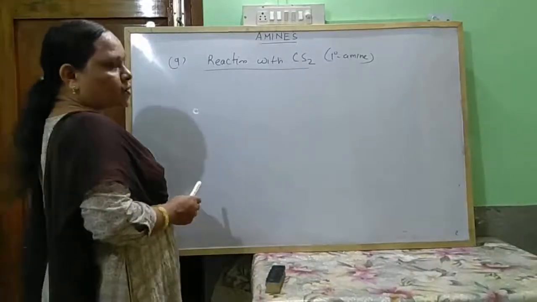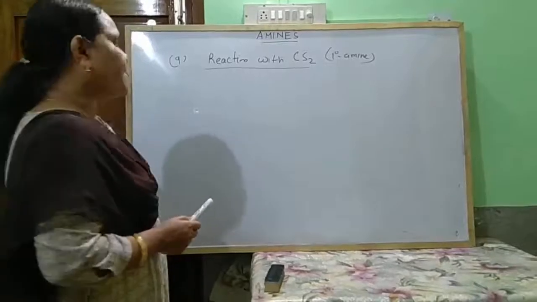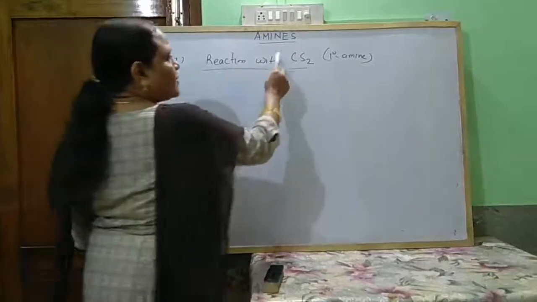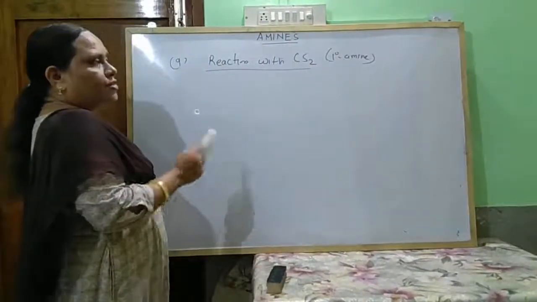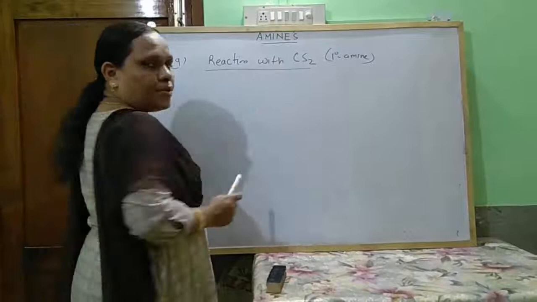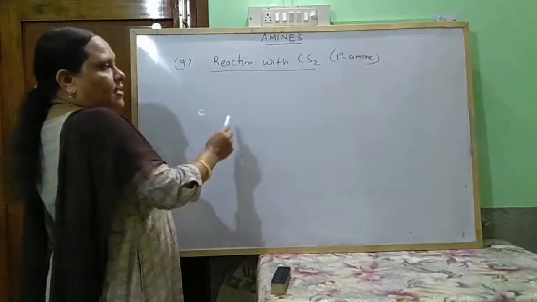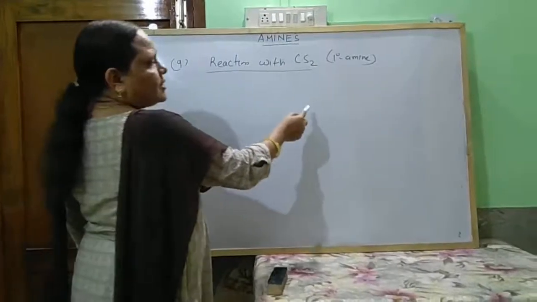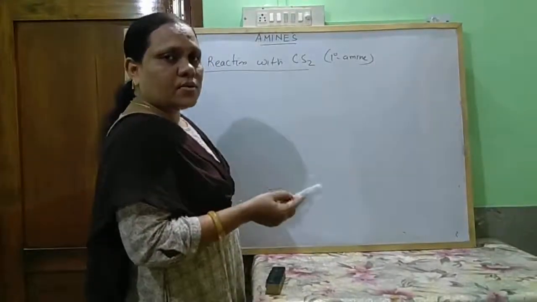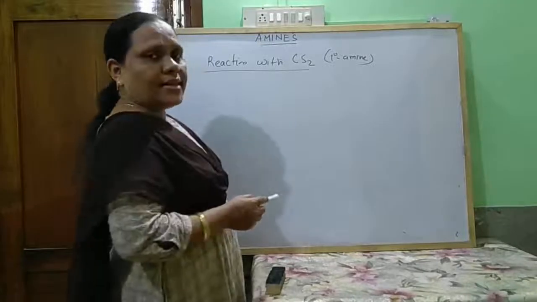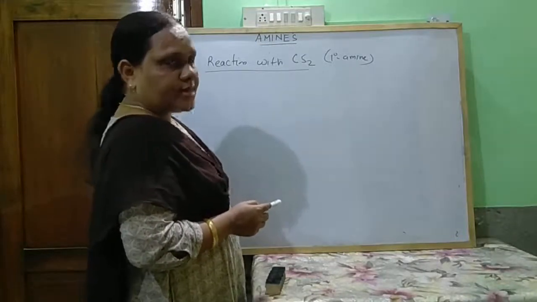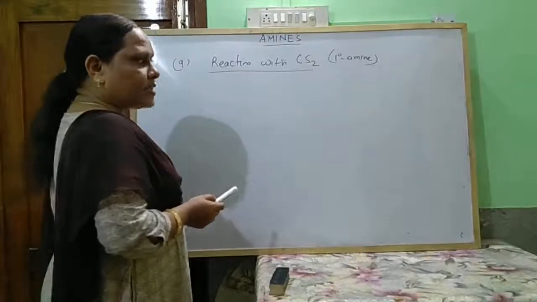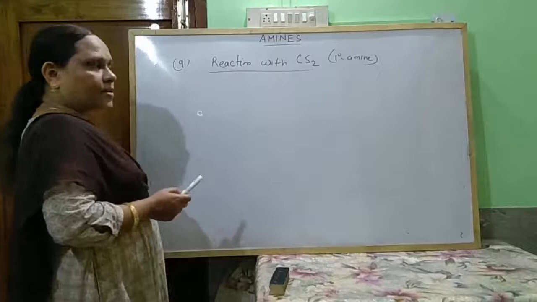Aliphatic primary amine reacts with carbon disulfide to form a substituted carbonic acid, that is alkyl thiocarbonic acid, and this carbonic acid is decomposed with mercuric chloride to form alkyl isothiocyanate. This compound has a mustard oil like smell. That's why this is called mustard oil test.